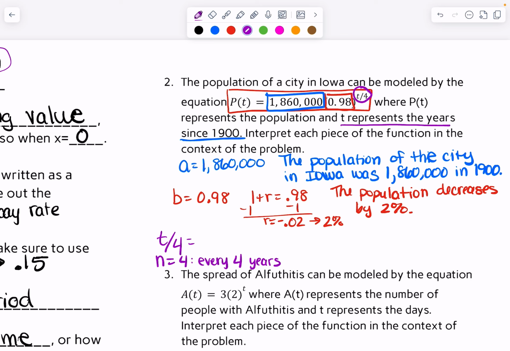So if I see t divided by 4, putting that together with the population decreasing, we could say the population decreases by 2% every 4 years. So we know the population of the city in Iowa started at 1,860,000 in the year 1900 and has been decreasing by 2% every 4 years.